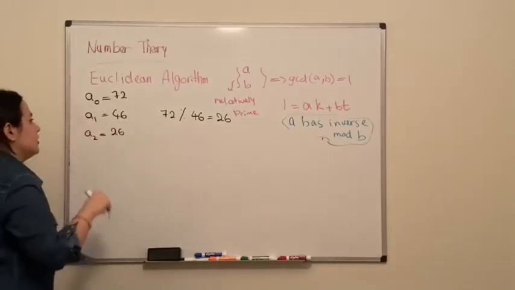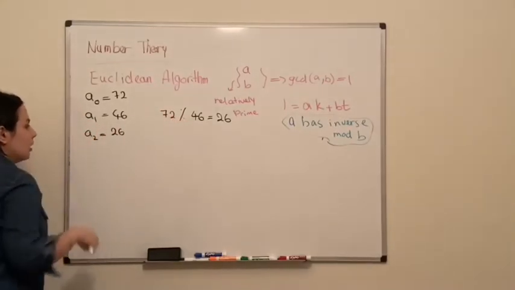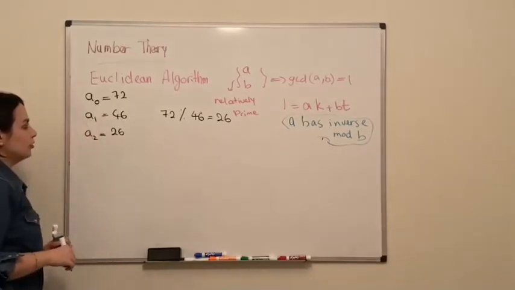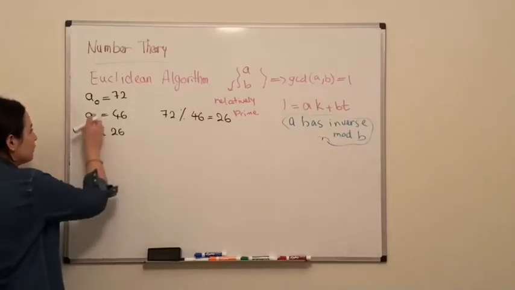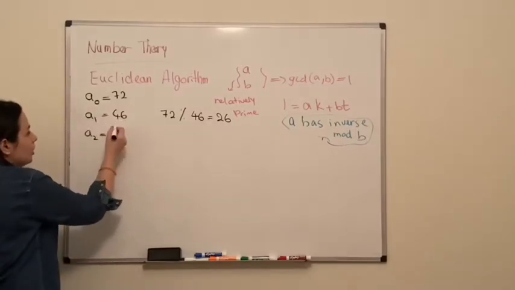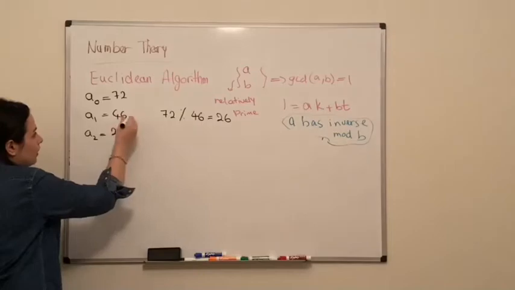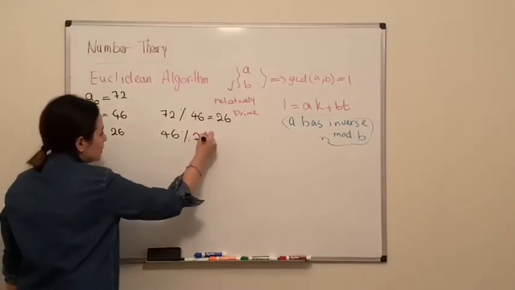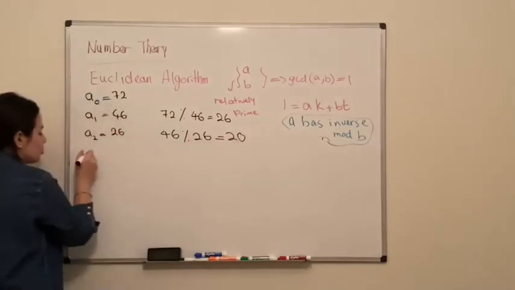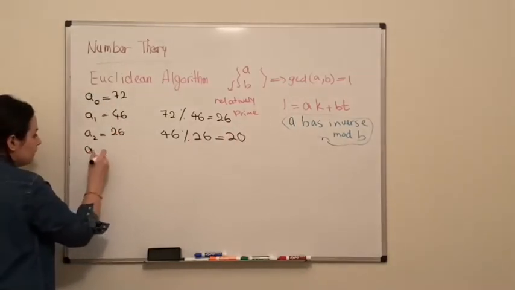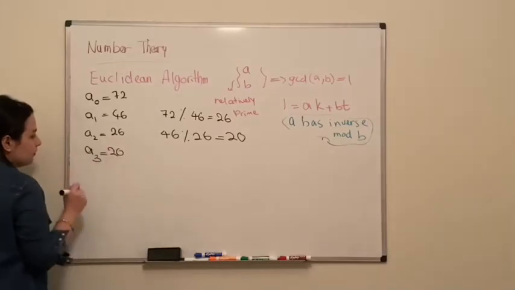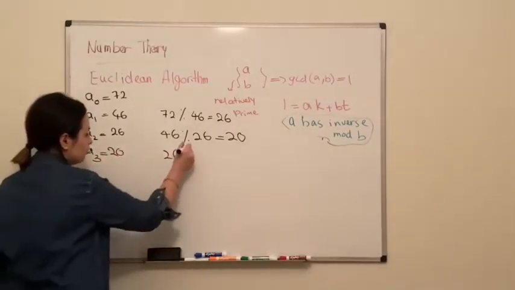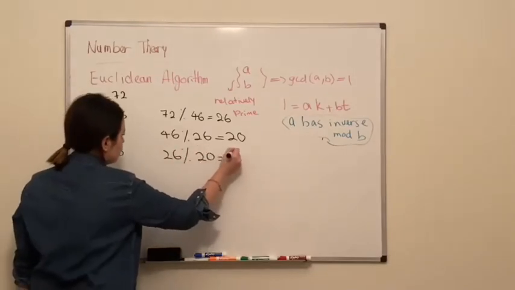Now, in each step, I follow the same way, using the last two A_i's that I have. So now I compute remainder when I have 46 over 26, which is 20. So I store that as 20. Next, 26 mod 20, which is 6.